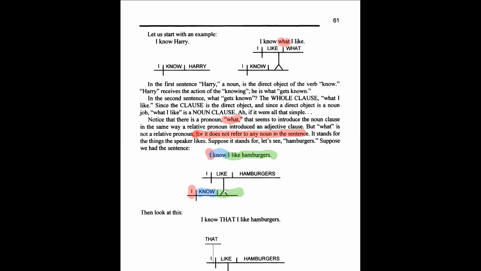If it's a direct object, then it's a noun. It's a noun clause. So, but I'm going to diagram it. I like hamburgers. I have a subject. I have the verb like, and then I have another direct object, right? Hamburgers. So you can have direct objects, and within those direct objects, there are other direct objects.